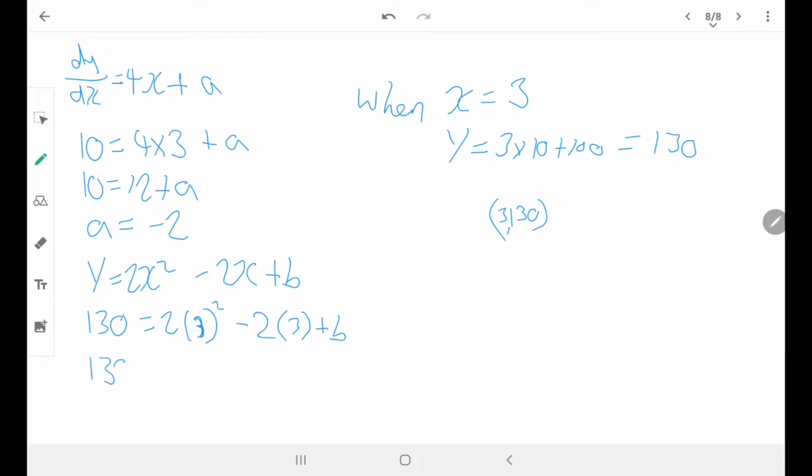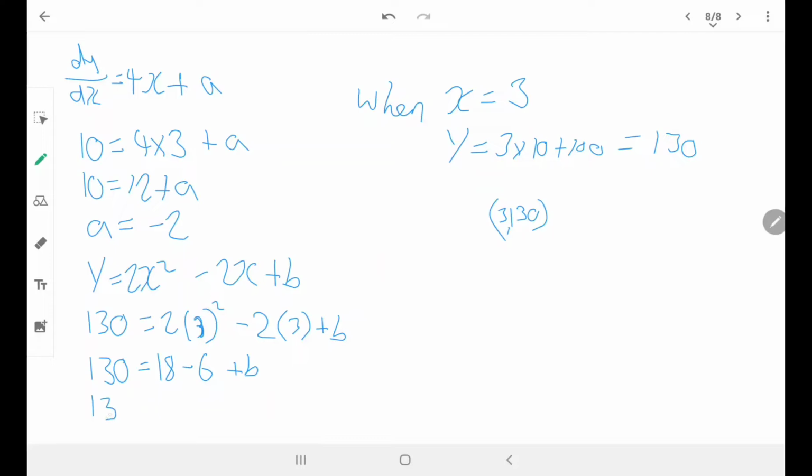So 130 equals, well, 3 squared is 9, times our 2 is 18, minus 2 times 3 is 6, plus b. Basically that's 12.